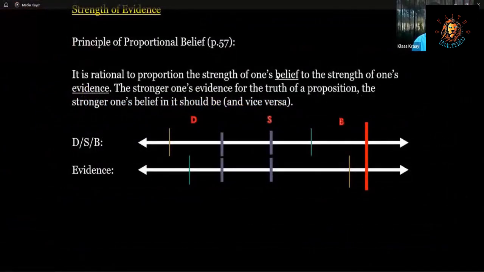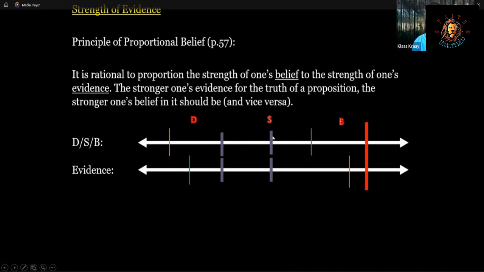Okay, so here's a helpful visual way of relating these principles of belief, the principle of rational, reasonable, or justified belief, and the principle of proportional belief together. So right here, this is the line for belief, suspending judgment, and disbelief. This is the line representing the degree of credence or confidence in terms of our beliefs or disbeliefs, right?